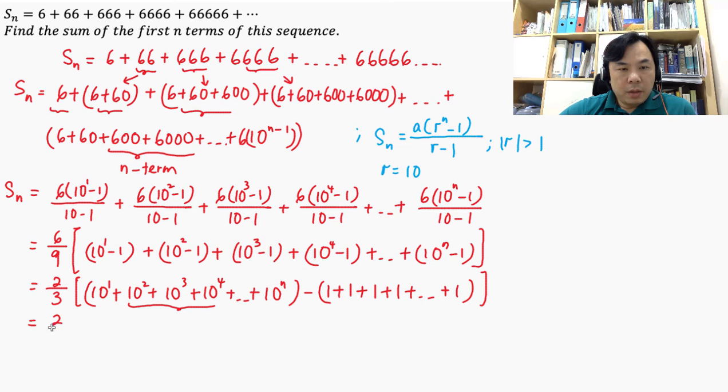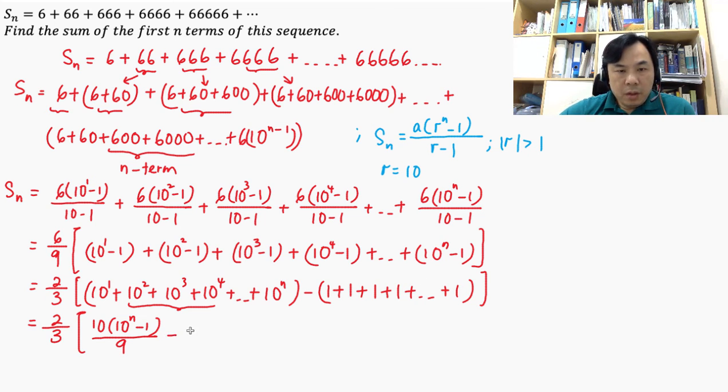Therefore, we can rewrite the sum of this series as 10 times (10 to the power of n minus 1) over 9 here. And then now we are trying to sum up all the 1 repeatedly for n number of times.